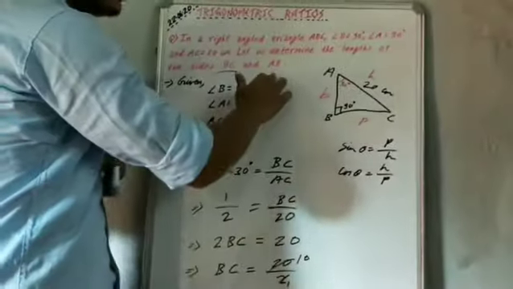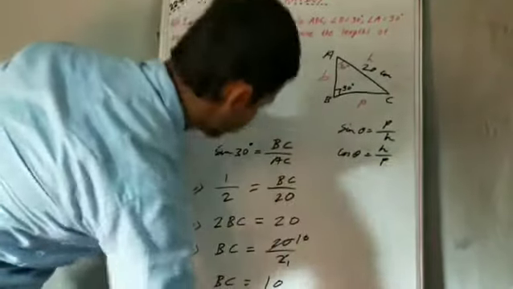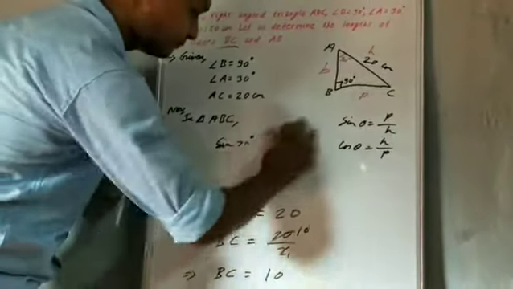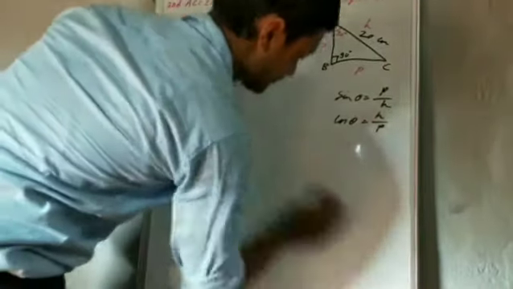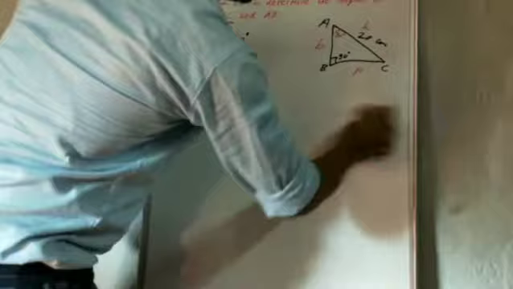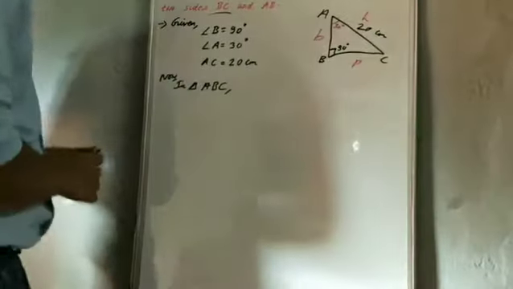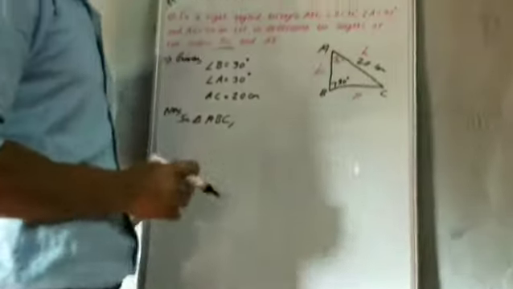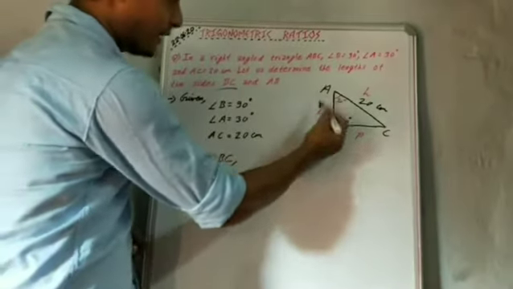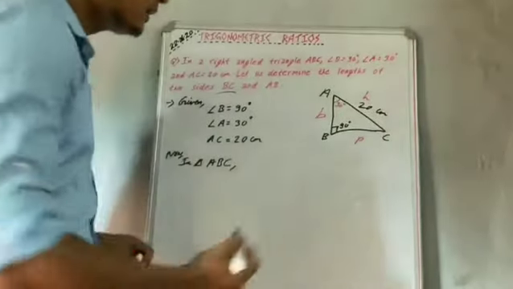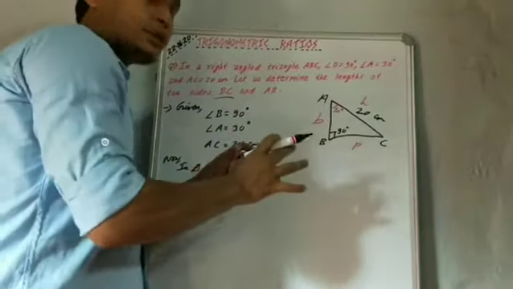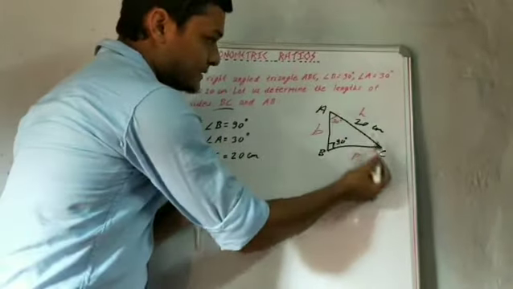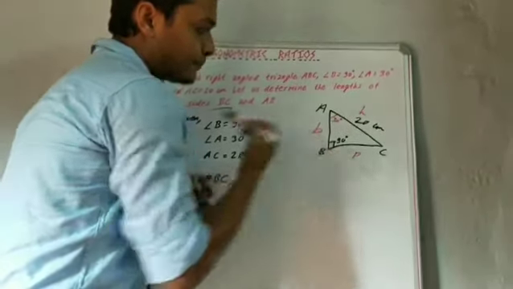Now we have to find the value of AB. For determining AB in right angle triangle ABC, we should take the trigonometric ratio having AC and AB.